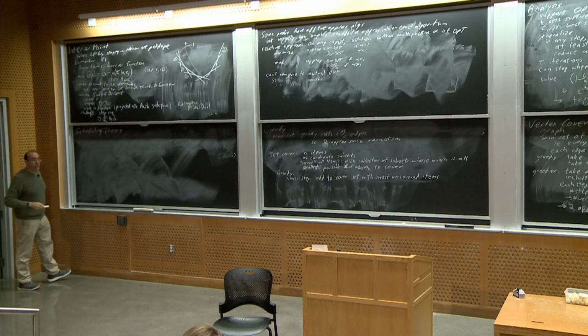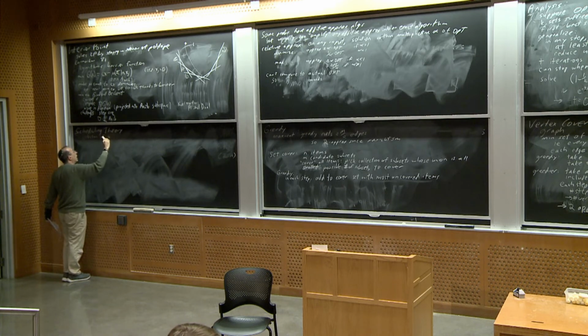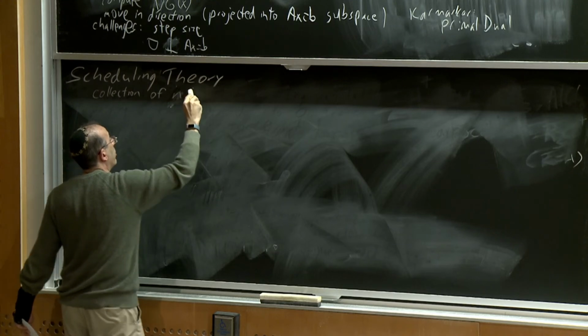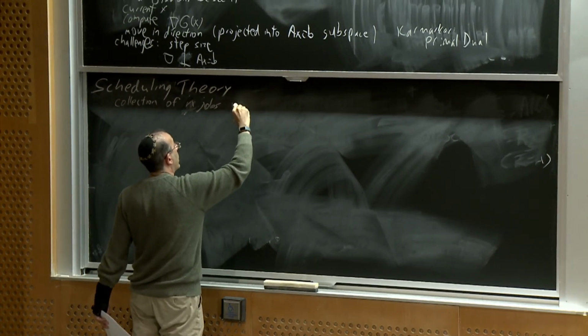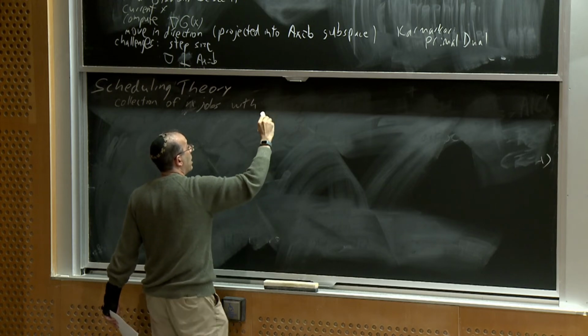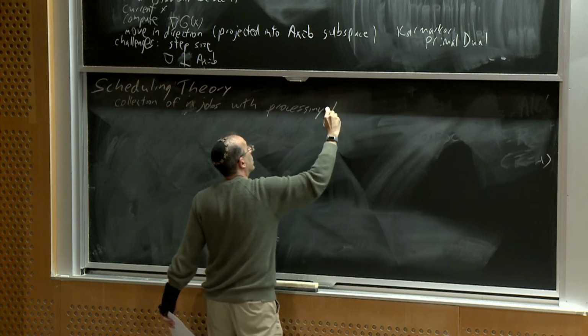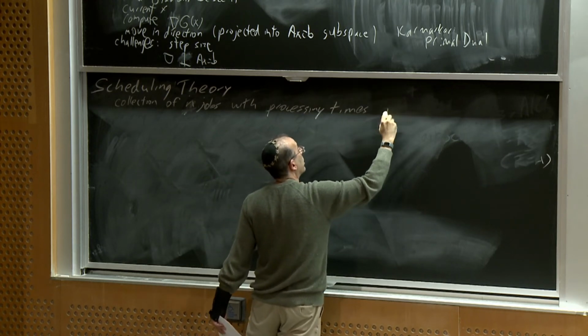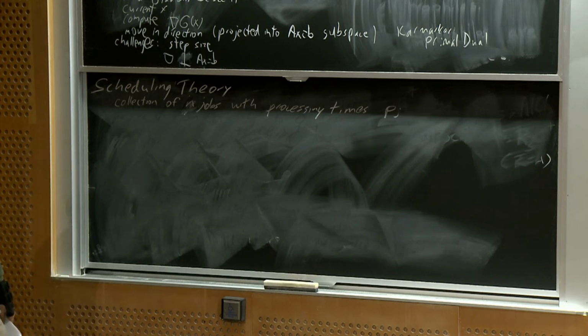So the idea behind scheduling theory is that I have a collection of n jobs in general. And most fundamentally, these jobs tend to have what are called processing times, which in the simple case, I can just represent by a number p_j, how long it takes that job to run.